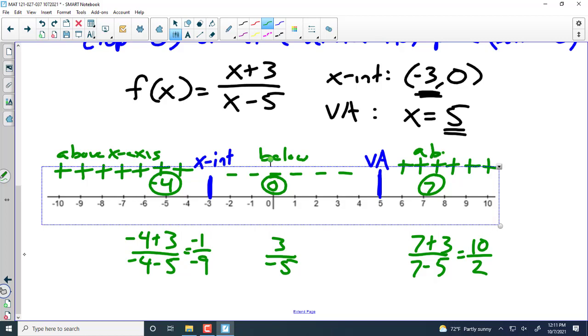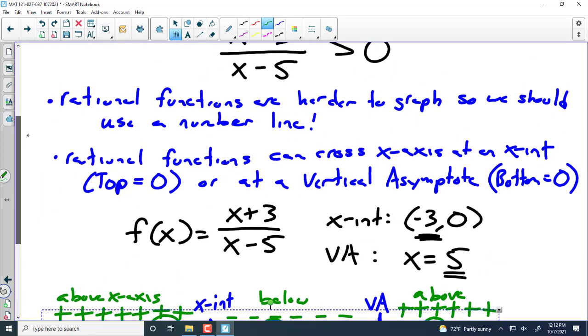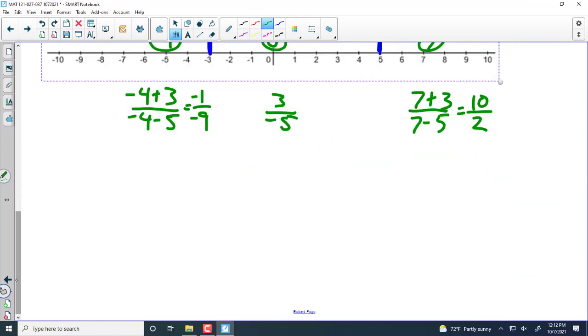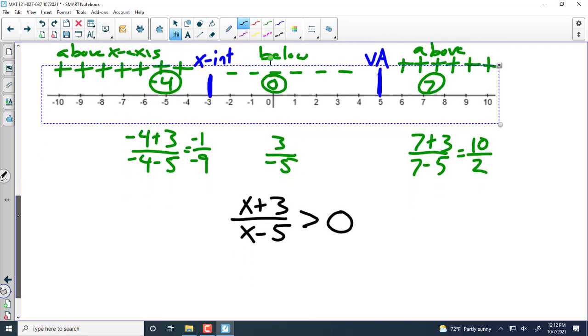Let me be very clear what we know here, everyone. I don't know the exact shape of this graph, but I do know that if you were to graph it, with the several pieces you would have for a rational function, on this interval it's above the x-axis, on this one it's below, and on this one it's above. That's what I know. And if I know that, can I answer the question, when is x plus 3 over x minus 5 greater than 0?